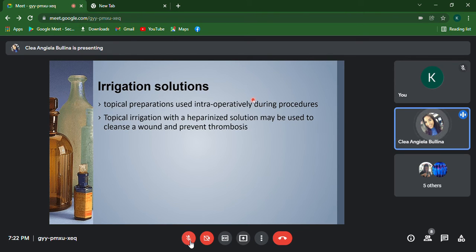Okay? So this solution again is used for those surgical procedures such as we have laparoscopy, we have transurethral resection of the prostate, we have microvascular and orthopedic surgeries, and others.